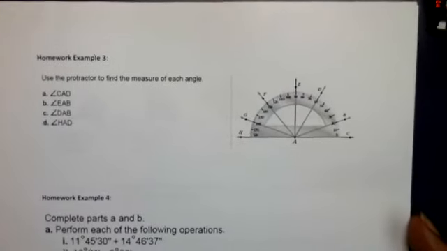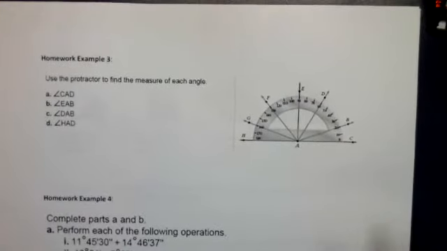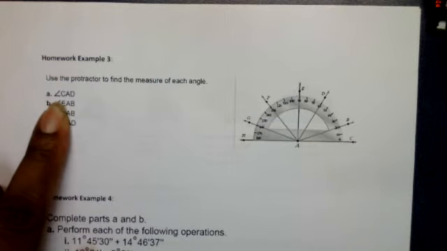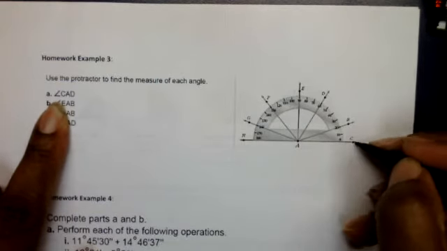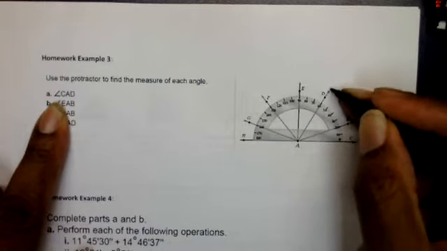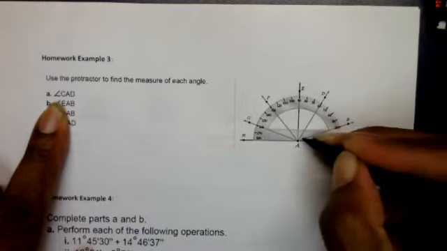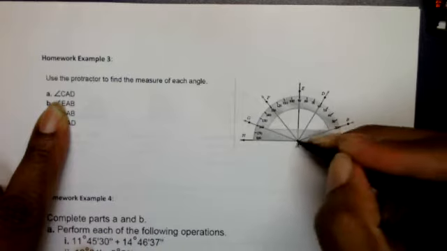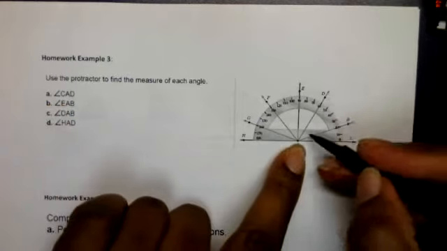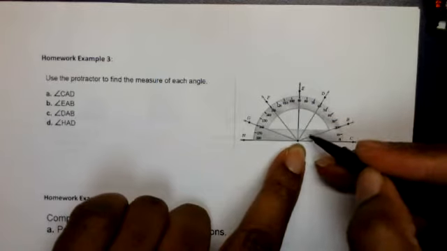Okay. And in this case, I want to use the protractor to find the measure of each angle, like the measure of angle CAD. Let's see, here's C, this is A, and that's D. CAD, that should be easy to read. We just read across where this ray is crossing the protractor.